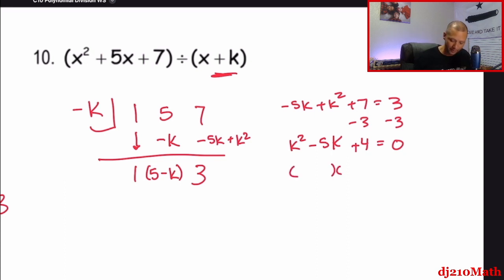Let's factor this. Multiples of 4 that add up to negative 5. I feel like it's 4 and 1. 4 times 1 is 4, but we need negative 5. Well, they're both negative. And this is equal to 0.